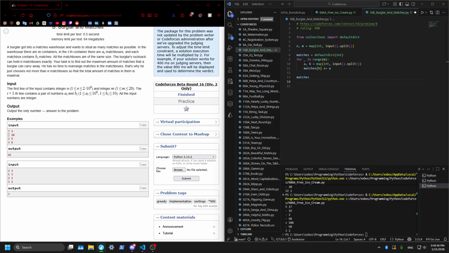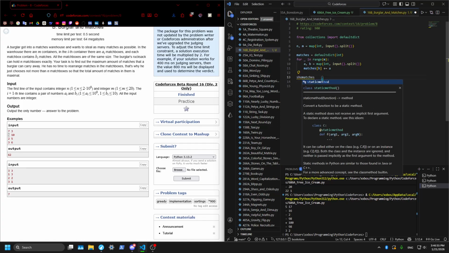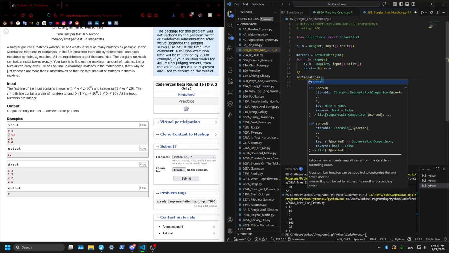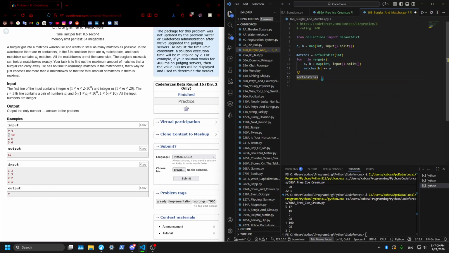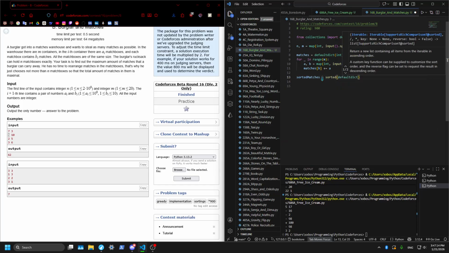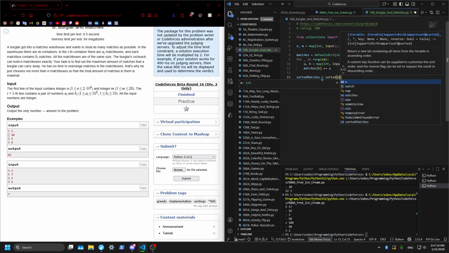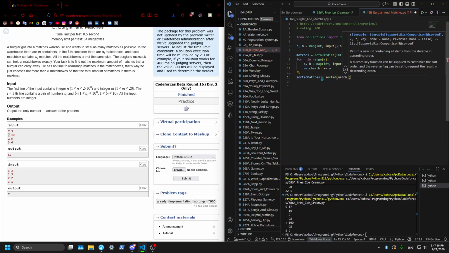Then we sort the defaultdict by key. So sorted matches is equal to sorted matches dot items.